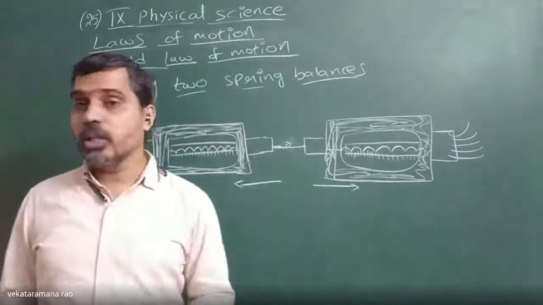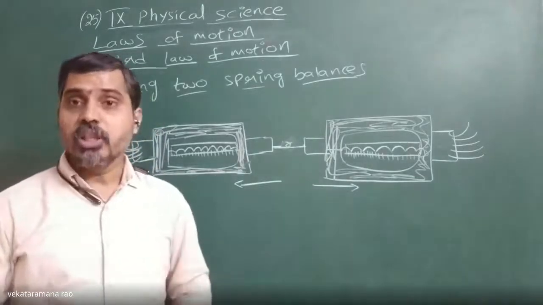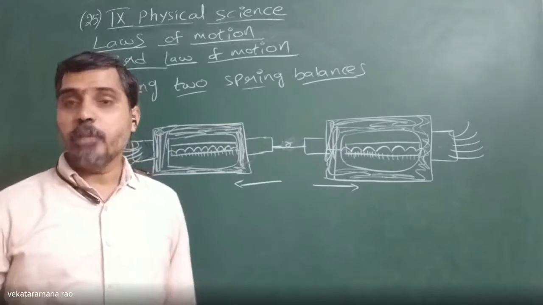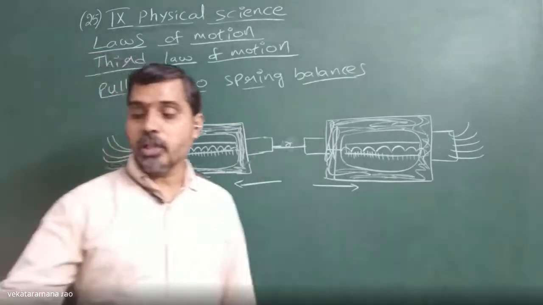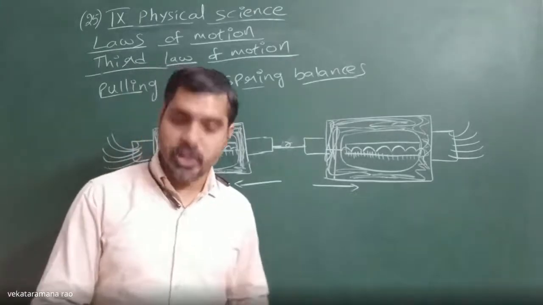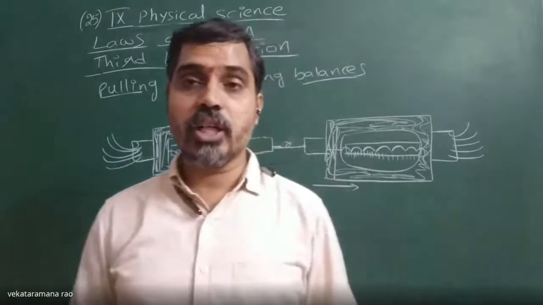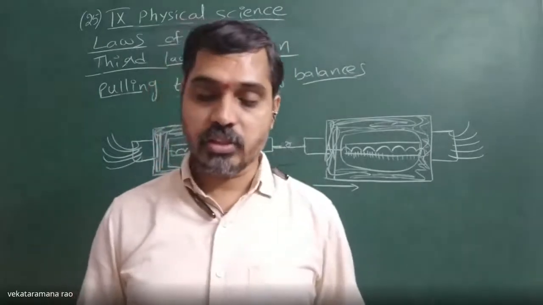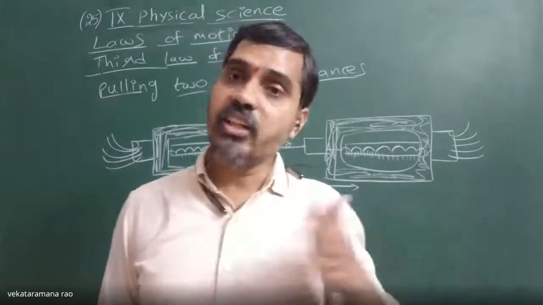According to Newton's third law of motion, when an object applies a force on another object, the second object also exerts a force on the first one which is equal and opposite in direction. The two opposing forces are known as action and reaction.